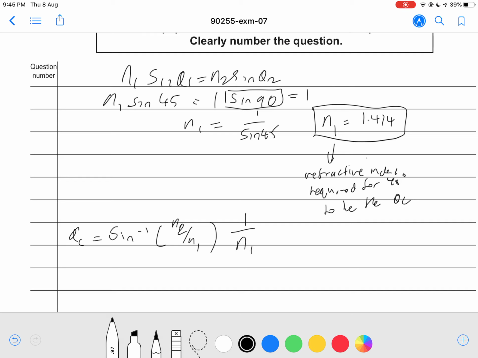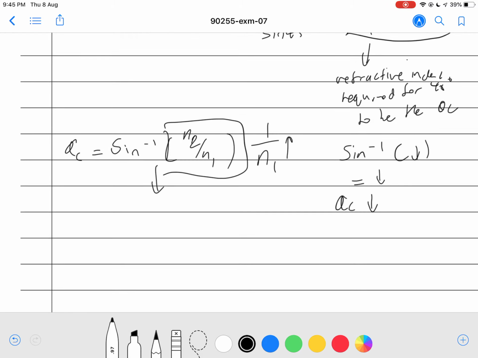And if our n1 goes up, that means this whole thing will decrease. And if this decreases, then sine inverse of a lower number will give us a lower result. So therefore our critical angle will also decrease. So by increasing our n1, we're decreasing the critical angle, and therefore the total internal reflection can happen.